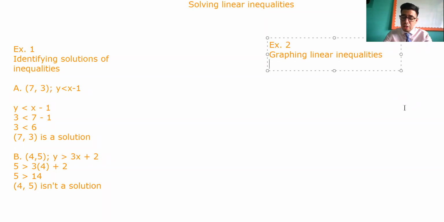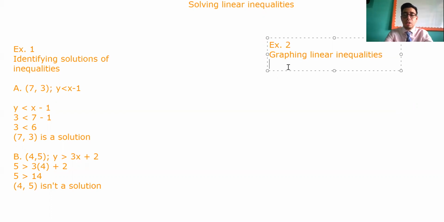Step 3 is shade the half plane above the line for y greater than or y greater than or equal to, or shade the half plane below the line for y less than or y less than or equal to, and we check the answer.